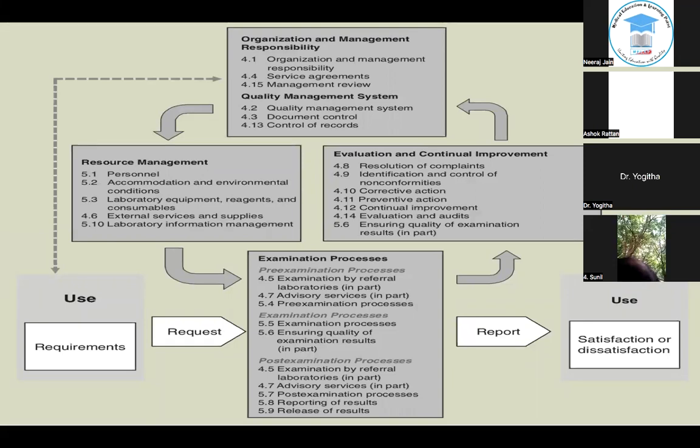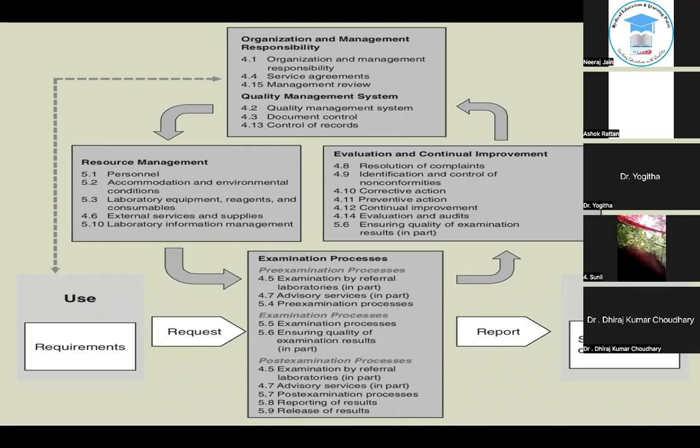Equipment, reagents, consumables: you maintain equipment and have a system for what you check daily and what you check weekly. For reagents, you check how you receive them and what you check at the time of receiving. You are carrying out lot acceptance testing. You also check that consumables are of good quality.